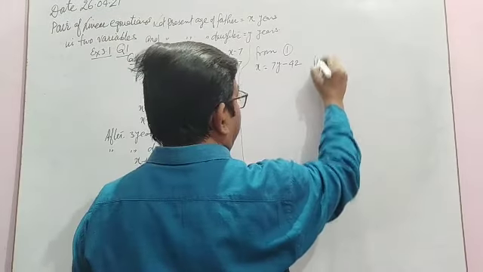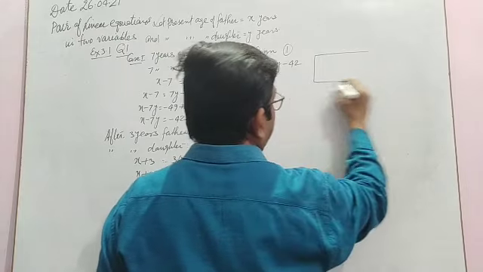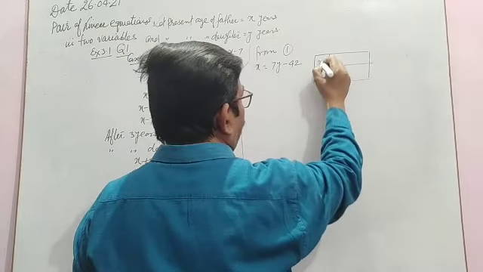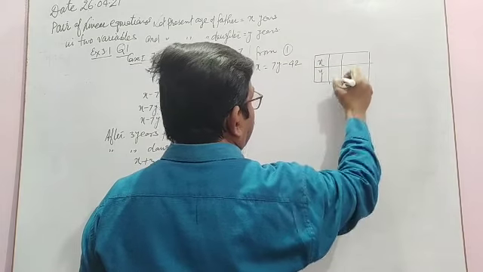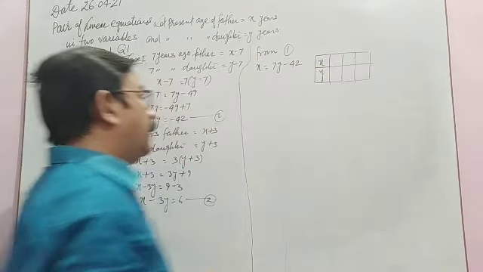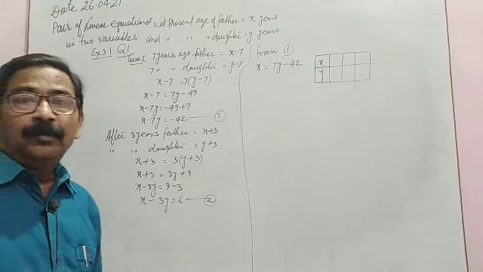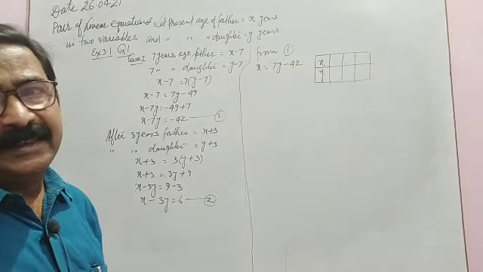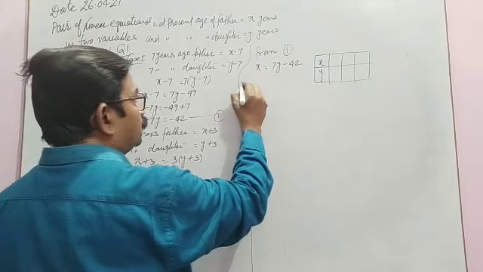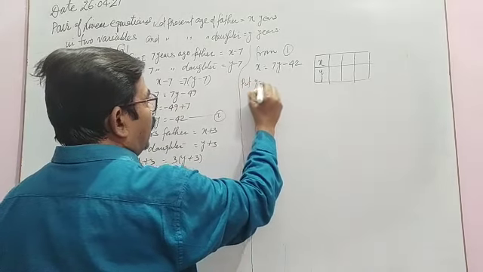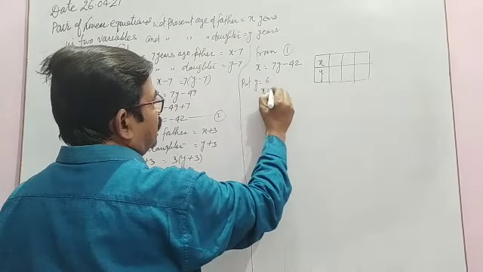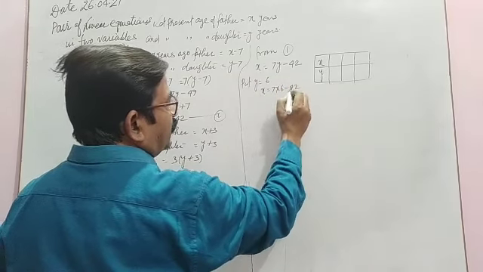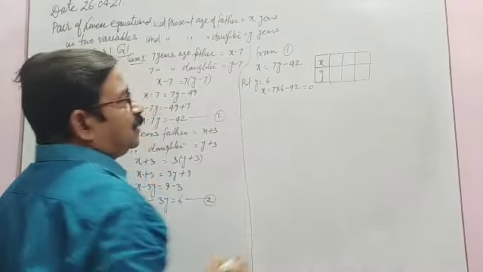See, I am writing, at least 3 values of x and y. Put y is equal to 6. Then x is equal to 7 into 6 minus 42. 42 minus 42 is equal to what? 0.